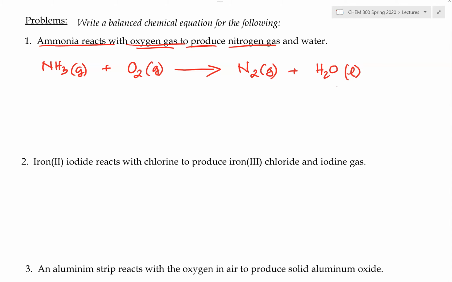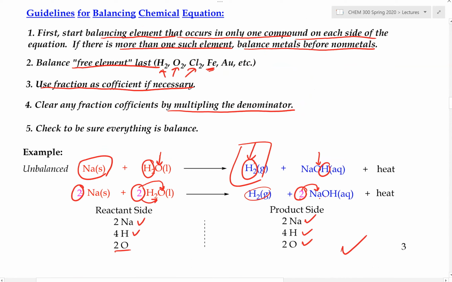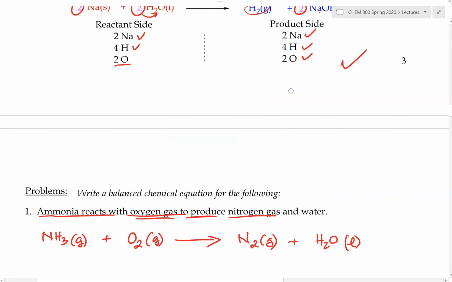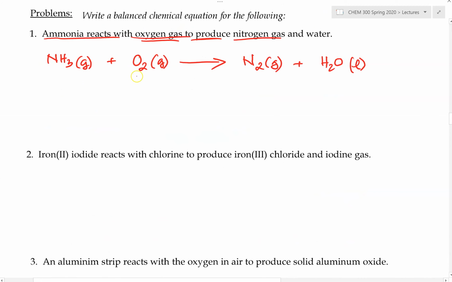So let's balance them. Which element should we balance first? If we reflect back to our guideline number 1, balance an element that exists in only 1 compound on both the reactant and the product side, and balance free elements last. So identify that element and identify our free elements. Here in this case, we see that oxygen is a free element, right?